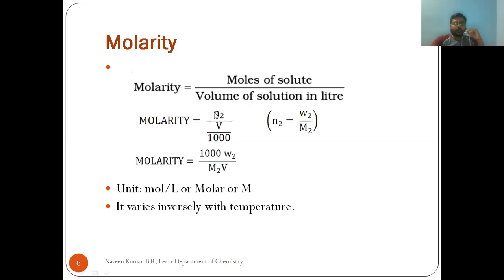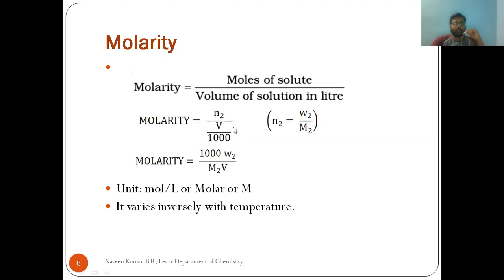which will be useful to calculate the molar mass or to find the molarity. Molarity is equal to N2, which stands for the number of moles of solute, divided by V by 1000, that is the volume of the solution expressed in liters. To express ml or cm cube in liters, it is divided by 1000. If the volume is given directly in liters, there is no requirement of dividing by 1000.